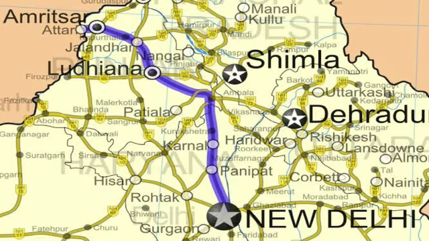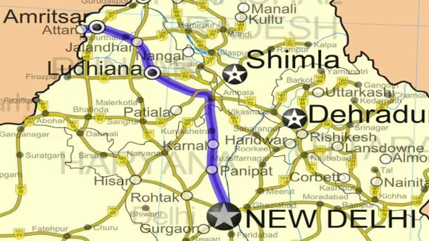So here you can see Ludhiana and Shimla are at equal distance from the equator. Still, Shimla is cold while Ludhiana is hot in summers. Can you tell the reason why does it happen so?